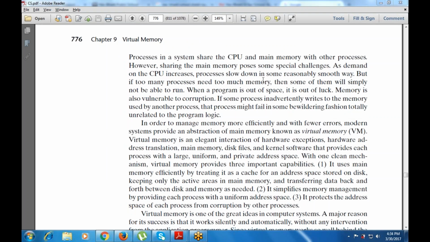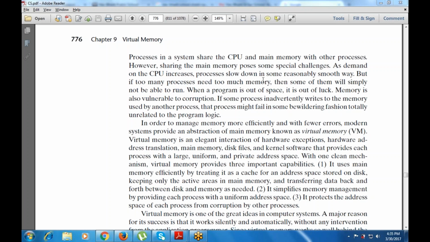As the demand on the CPU increases, processes slow down, in some reasonably smooth way. But if too many processes need too much memory, then some of them will simply not be able to run. And when a program is out of space, it is out of luck.